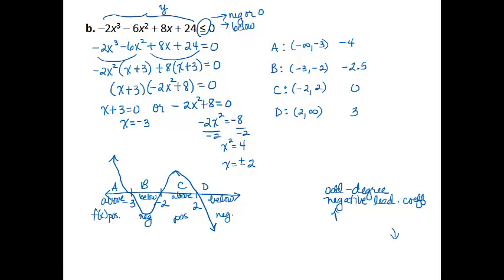So it is below the x-axis between negative 3 and negative 2 and to the right of 2. Now I can also include my zeros because it's less than or equal to. So my solution set would be from negative 3 to negative 2, union 2 to infinity.